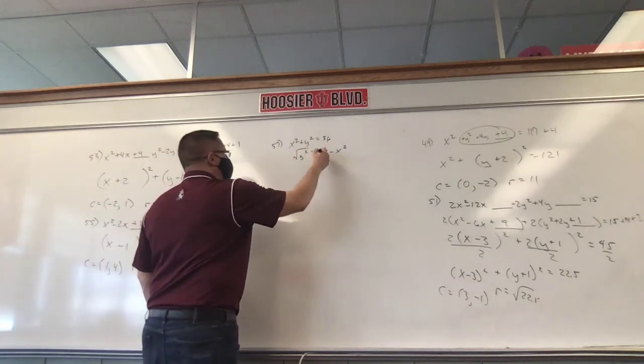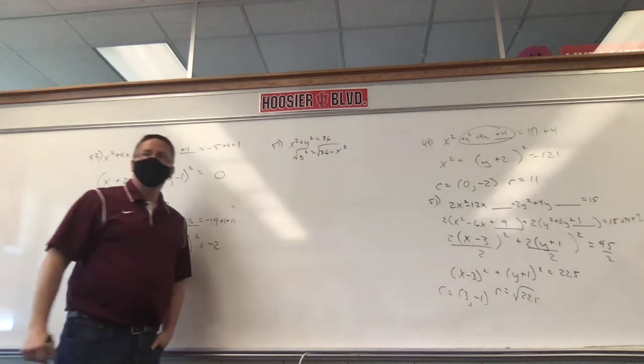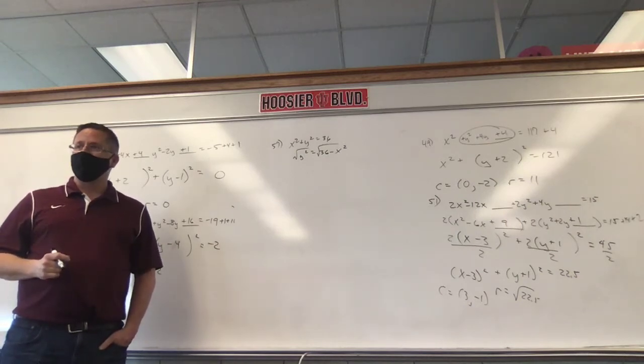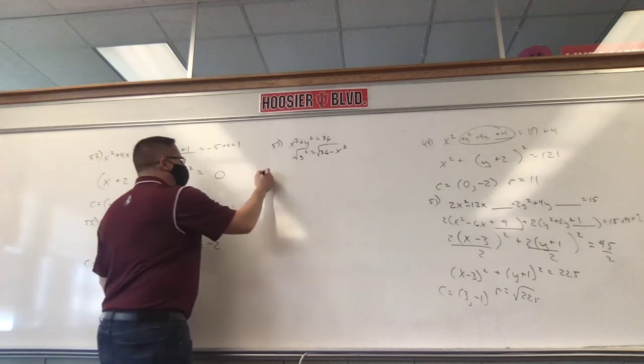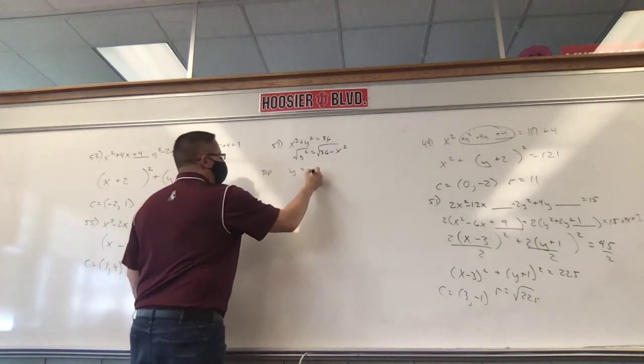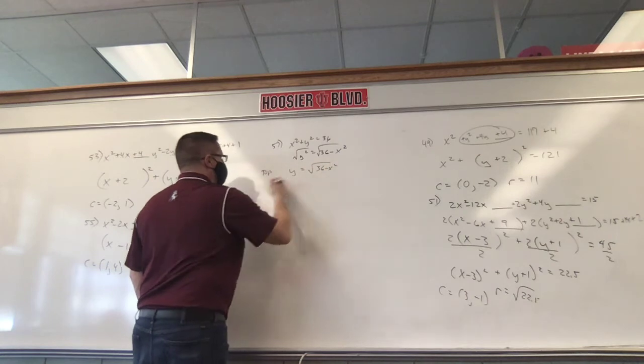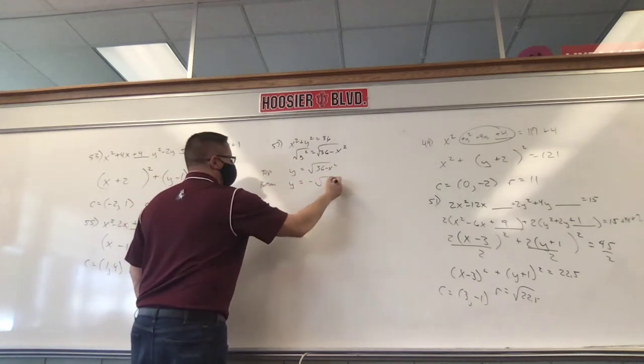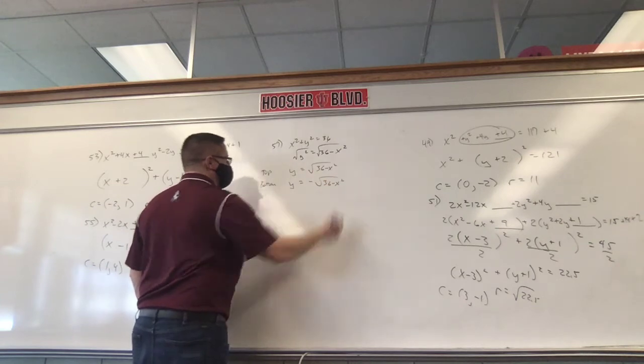Now, what are you supposed to put in front of this thing when you square root? Plus or minus. But we want the top half. Just the top half. So do I put plus or minus? I just put the plus. So the top is y equals radical 36 minus x squared. What do you think the bottom is going to be? Y minus. Y equals minus radical 36 minus x squared.